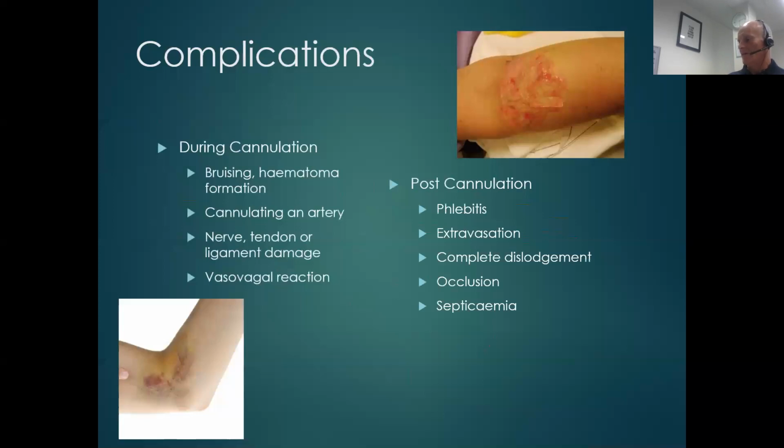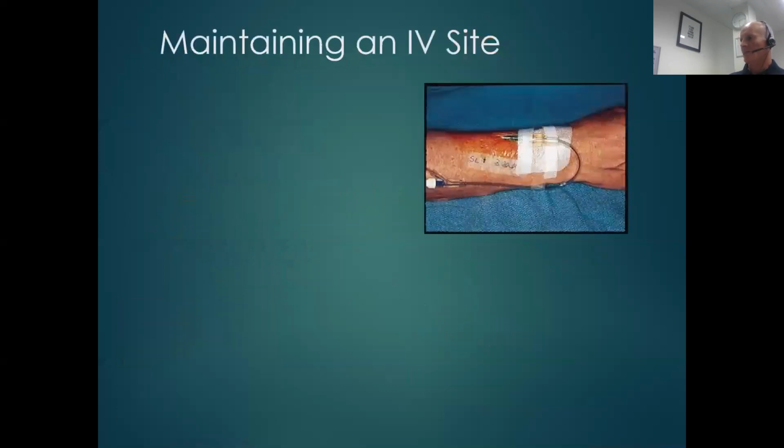We need to do this aseptically. It is incumbent on everyone to do this correctly. Irritation during injection and infusion. And people can have allergic reactions during injection and infusion, so we need to monitor.